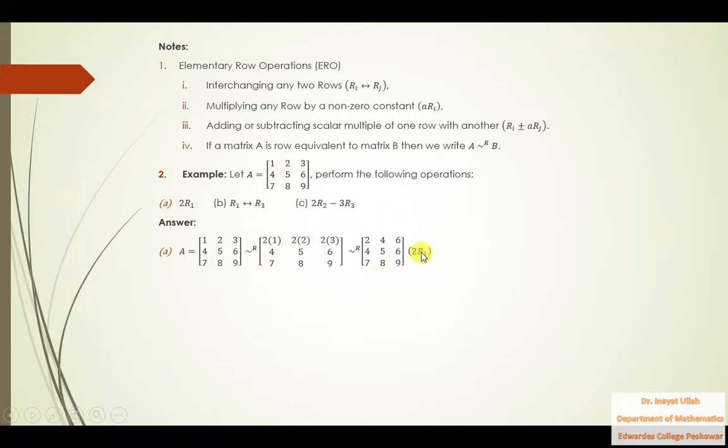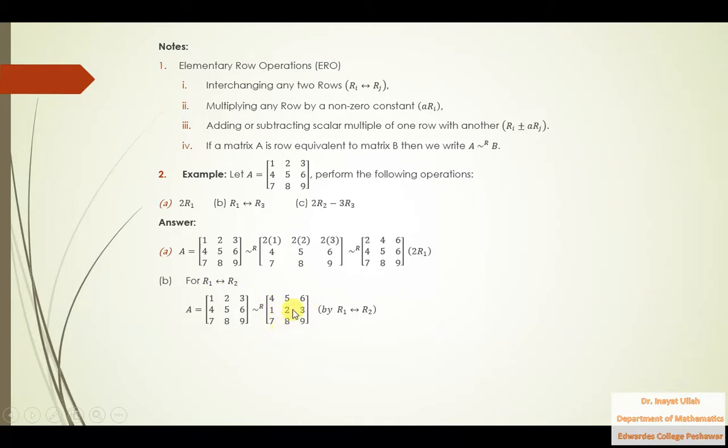Secondly, if you want to interchange R1 and R2, that is matrix A, interchange R1 and R2. So you see, we have interchanged this row with R1, writing this row in the first row and the other in the second row.